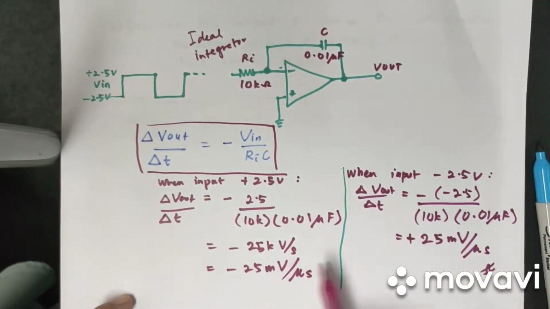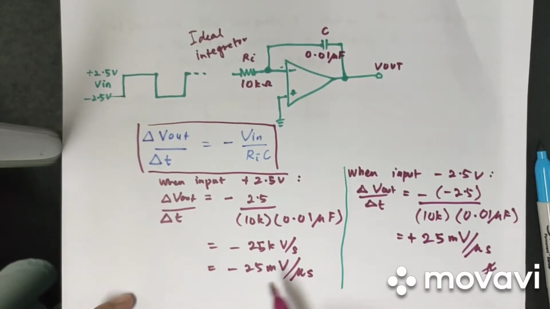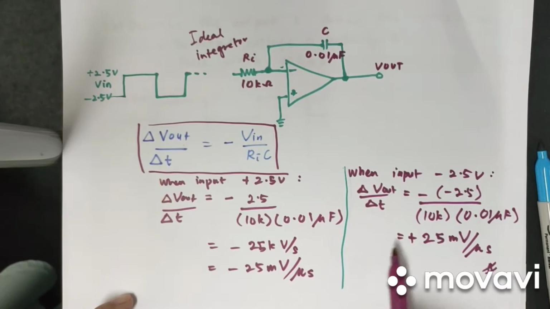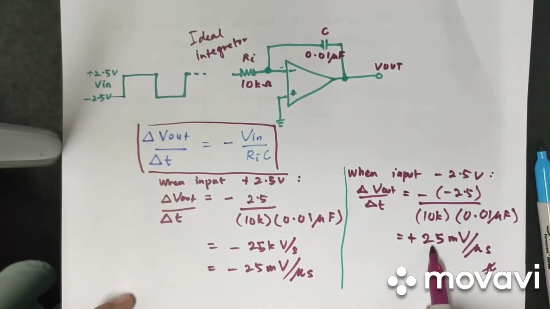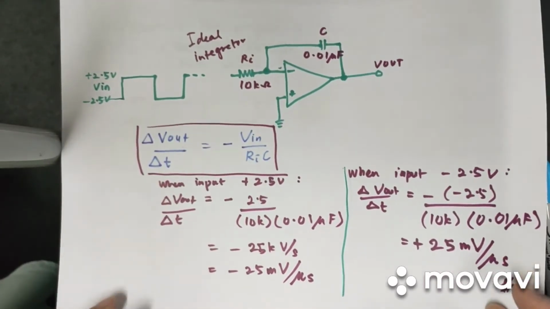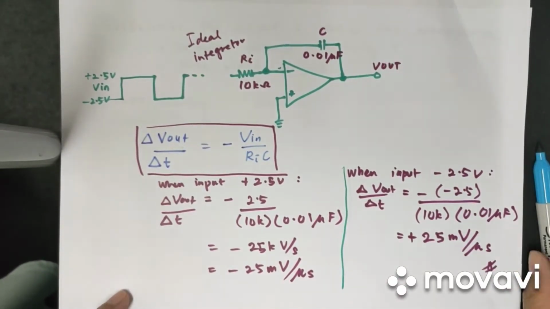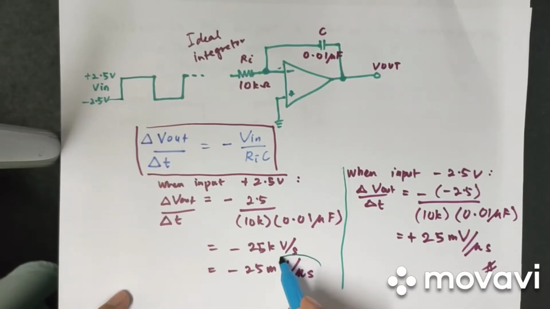So the value is just the same except the polarity. It is 25 millivolt, and this is negative 25 millivolts per microsecond. So this one I want you to have this unit.